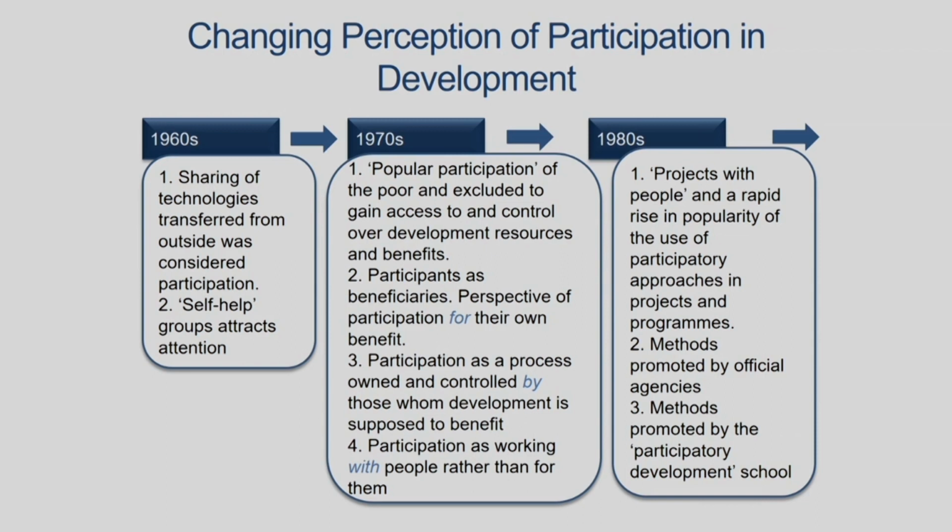In the 1970s, popular participation of the poor and excluded to gain access to and control over development resources and benefits was something which was highly discussed. However, the 1970s participants were also largely referred to as beneficiaries.